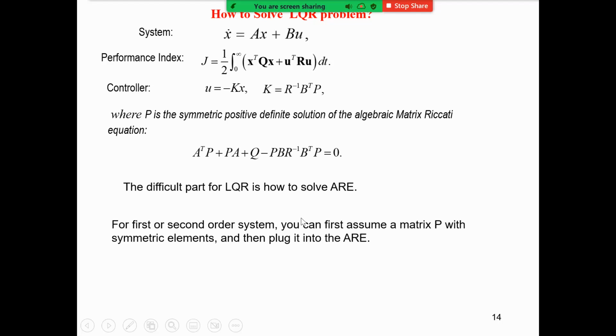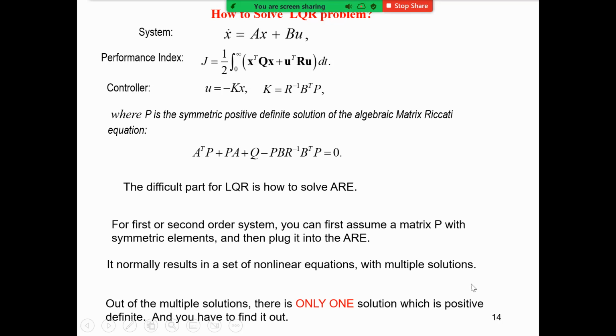Therefore, for a lower order system, I first assume a matrix P with symmetric elements, and then you plug it into this equation. Okay. It normally will give you a set of nonlinear equations with multiple solutions.